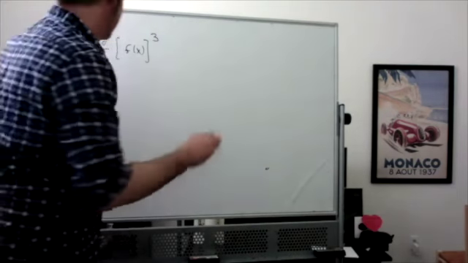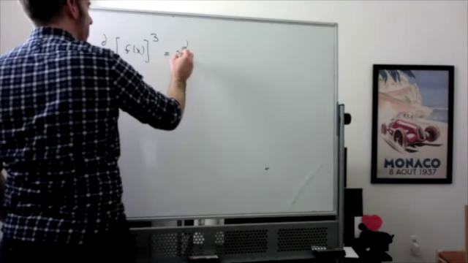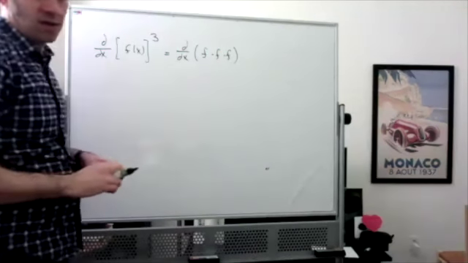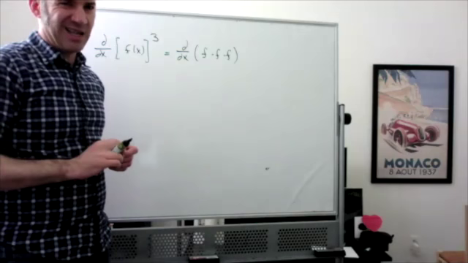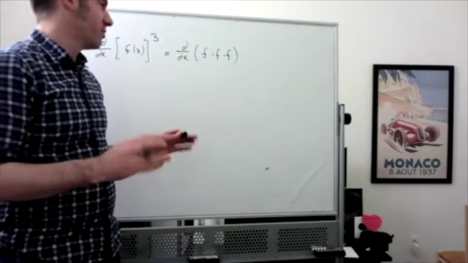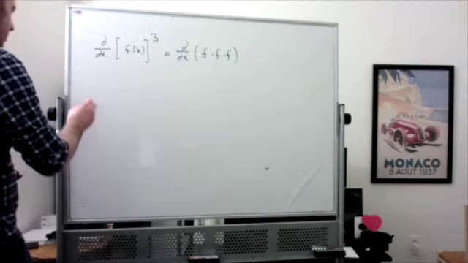Well, it's really the derivative of f times f times f. There is a triple product rule, but it's not really worth it.